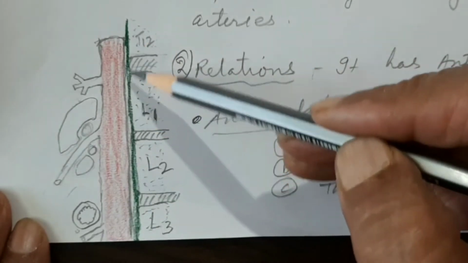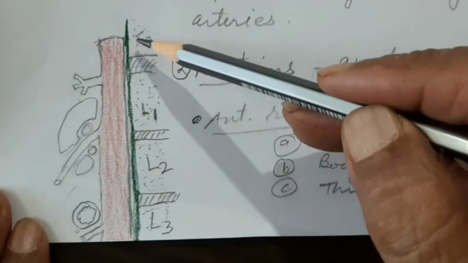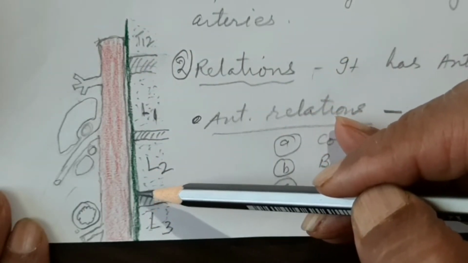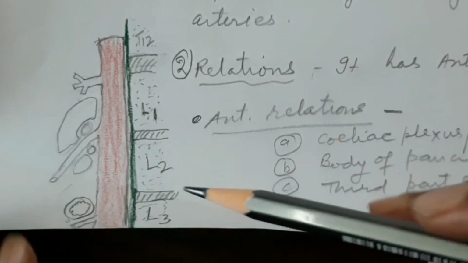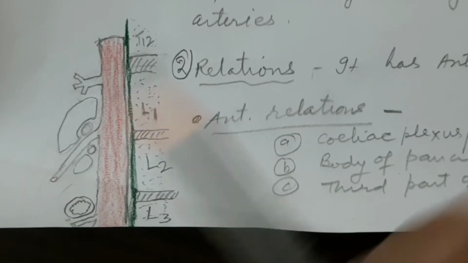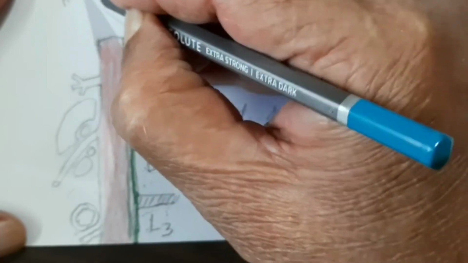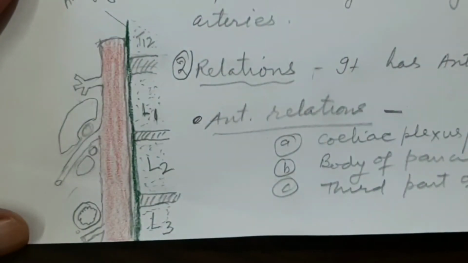Just in front of the bodies of these vertebrae, from T12 downward, there is a ligament called the anterior longitudinal ligament, shown here in green. It is present throughout, from the cervical vertebra C1 to the sacrum.